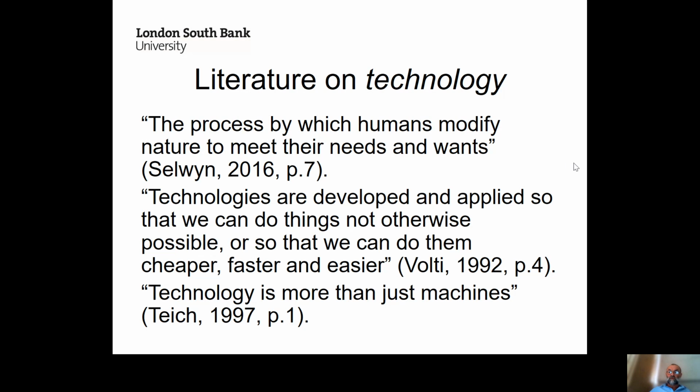So we've got the words of Selwyn. So Selwyn says that technology is the process by which humans modify nature. Volti says technologies are developed and applied so that we can do things not otherwise possible. So back to the example of the pencil. Before the pencil, the implements that people used to write things down were different.